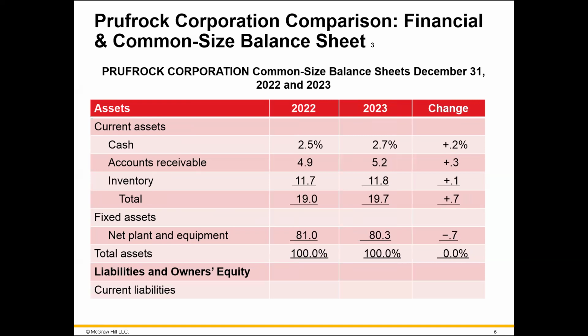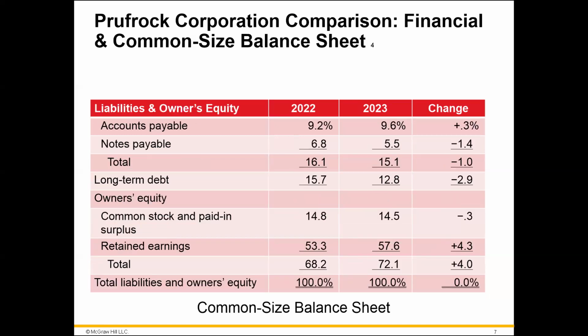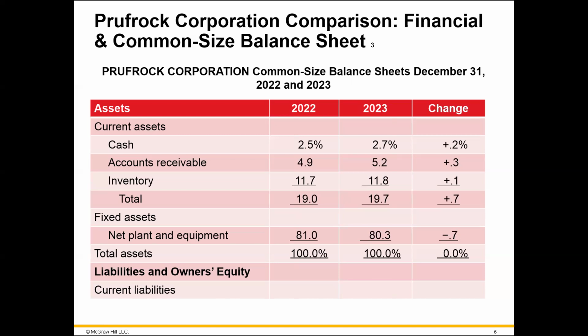But we can convert this traditional information into a more common-sized balance sheet, like slide 6 and slide 7. It is very easy. Make the total assets 100% and just convert each account of the assets as a percentage of total assets.